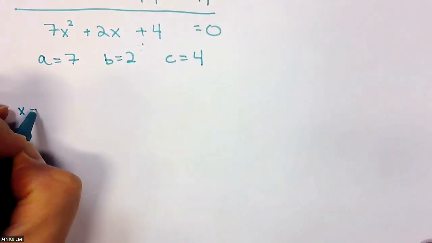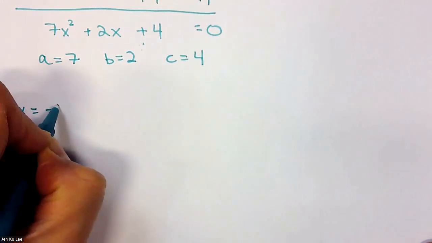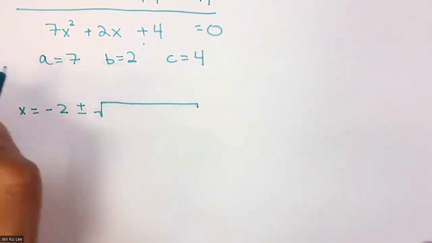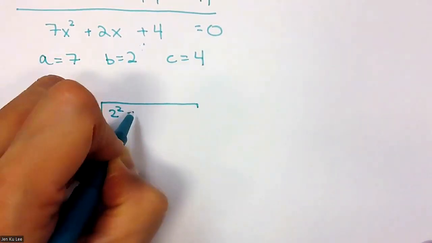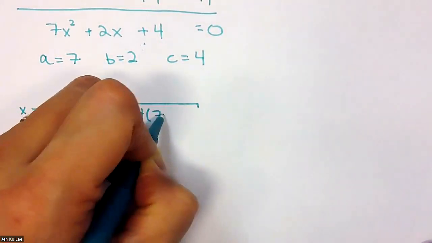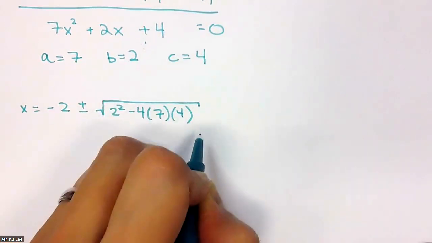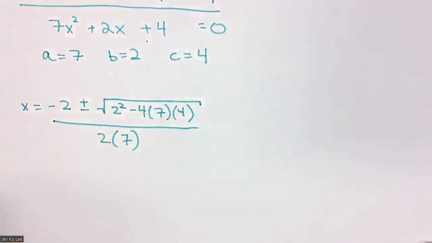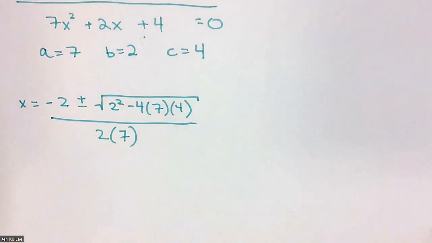So x equals negative b plus or minus the square root of b squared minus 4ac all over 2a. Okay?